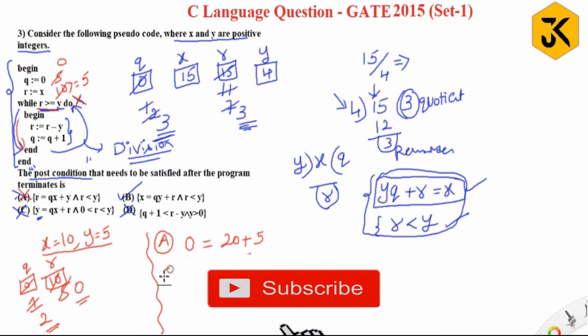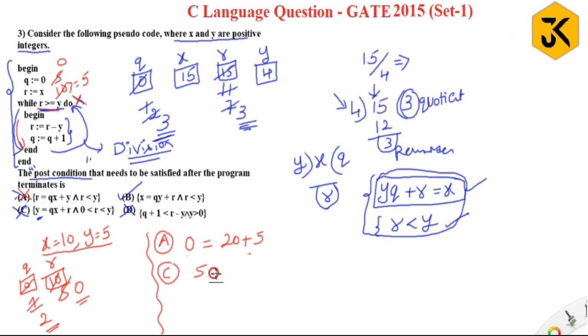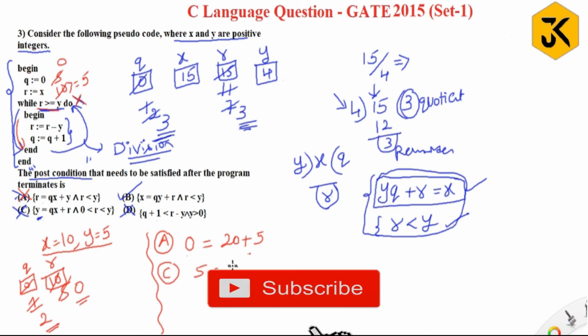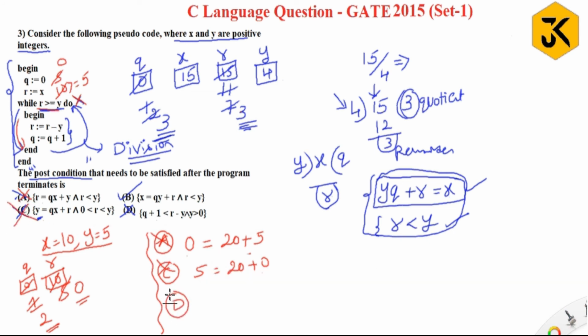Then let's take C. y, which is 5, equal to q x, that is 2 into 10, 20, plus r, 0. 5 equal to 20. No, this is also wrong. So C is also wrong. Next, take option D. q plus 1 less than r minus y. What is q plus 1?